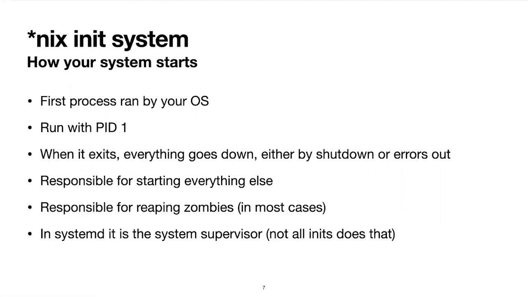systemd is this system supervisor, so it does all of that. Not all init systems work that way. In some, you have two separate processes: one is responsible for starting every other process, and the init system just starts that one process. There are some similarities.